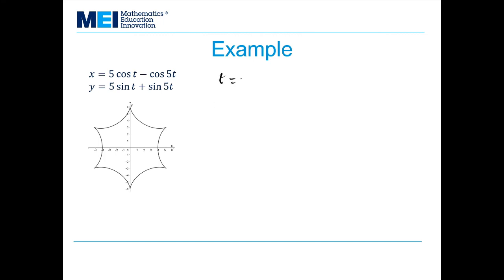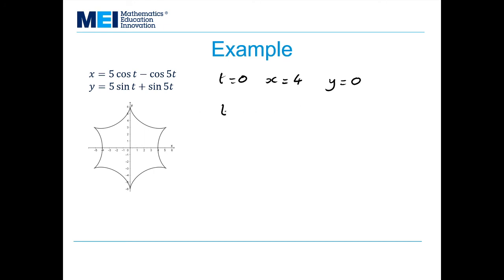So at t equals 0, x equals 5 cos t, so that's 5 cos of 0, which is 5, minus cos of 5t, so that's 5 minus 1, which is 4, and y is 5 sine t, well, sine of 0 is 0, so I'm going to get y equals 0.